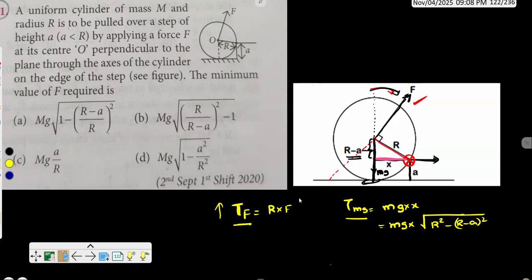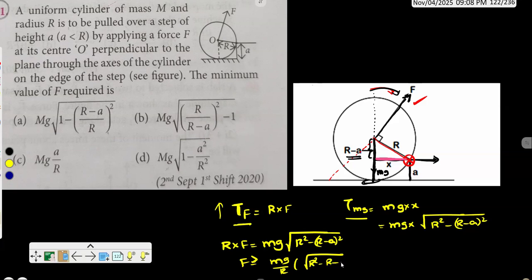So torque due to F is equal to r cross F. So r cross F is equal to mg into the square root of r square minus (r minus a) whole square. So F should be greater than or equal to mg by r into the square root of r square minus (r minus a) whole square.